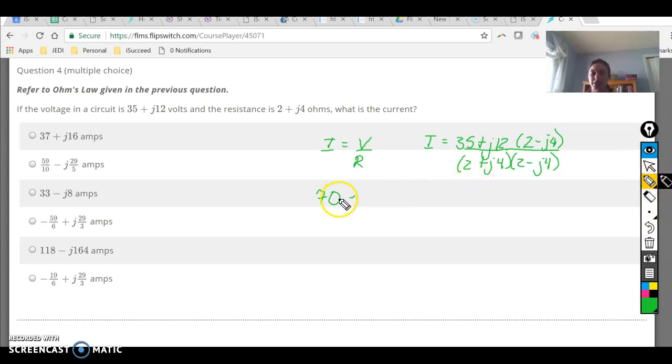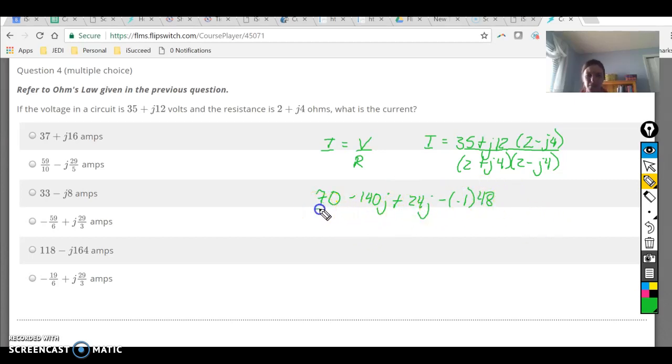So my outer terms give me negative 140J plus 24J as my inner terms. And then my last two terms are minus, and I know J squared is the same as negative 1, minus negative 1 times 48. 4 times 12 is 48, okay?